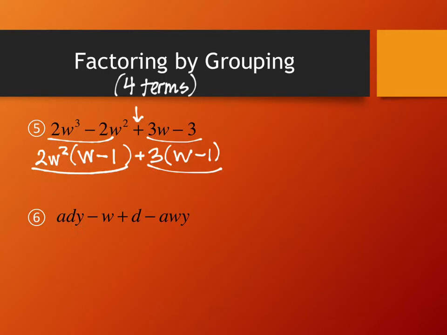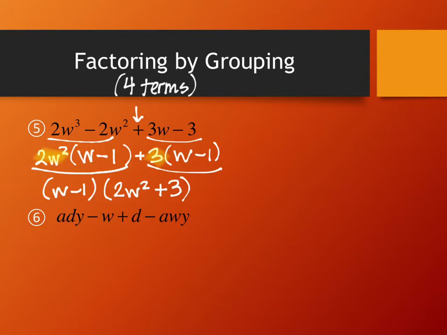W minus 1. So I'm going to factor the w minus 1 out in front of the whole thing. And when I do, I'm left with those pieces. Right? When I factor w minus 1 out of 2w squared times w minus 1, I'm left with 2w squared. And likewise on the other piece, I'm left with 3. And then I'm done.